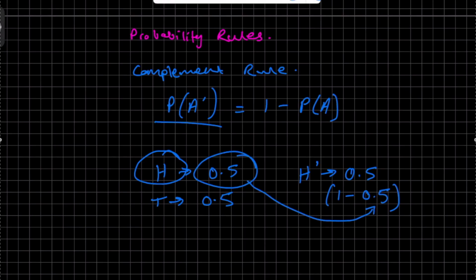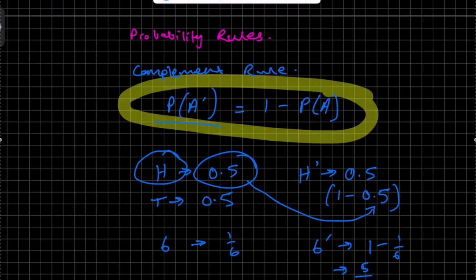If we use our rolling a die example, in that case, our probability of rolling a 6 would equal 1 over 6. Our probability of not rolling a 6 would therefore be 1 minus 1 over 6, which can be written as 5 over 6. So, a very simple rule, but a very important one that will come up again.